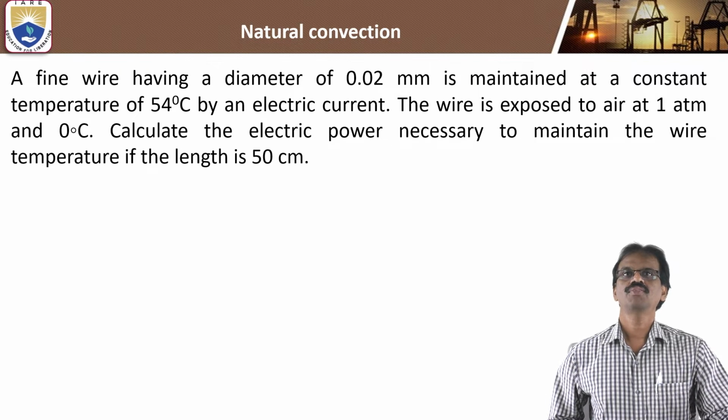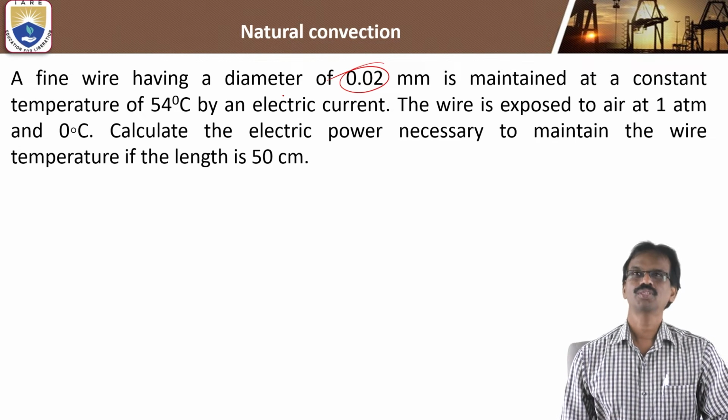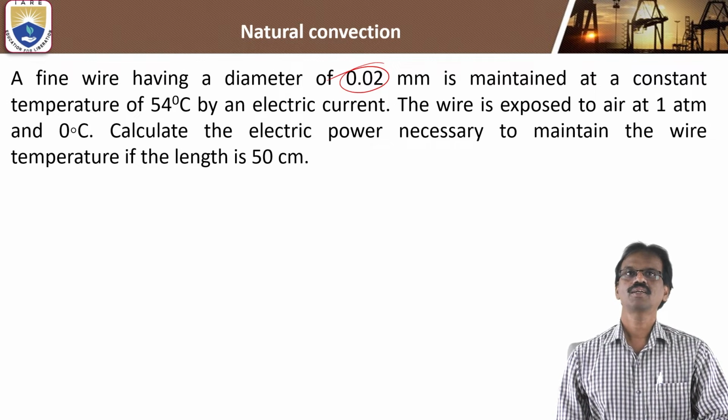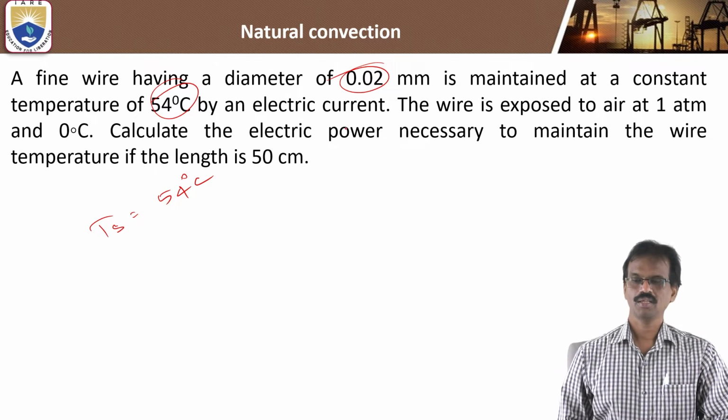Okay, a fine wire having a diameter equal to 0.02 mm is maintained at a constant temperature. The temperature of the wire, that is Ts, is equal to 54 degrees Celsius, by an electrical current.